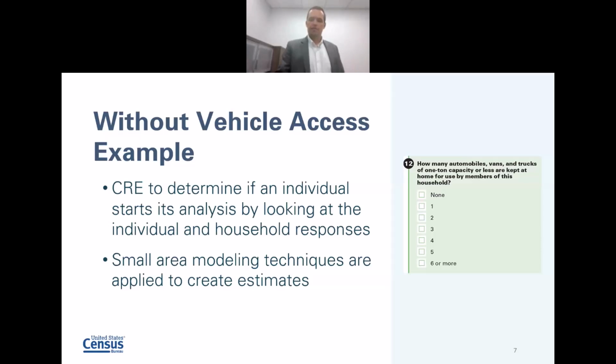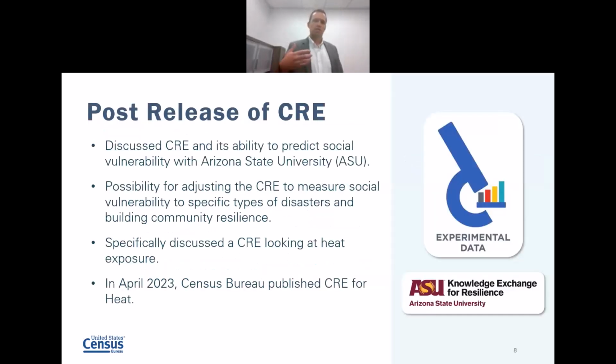After we published that production product, we were approached by Arizona State University. At ASU, the Knowledge Exchange for Resilience was really interested in the idea of, well, you have the CRE, which provides this good general estimate of social vulnerability in the population, but some disasters are different than others.